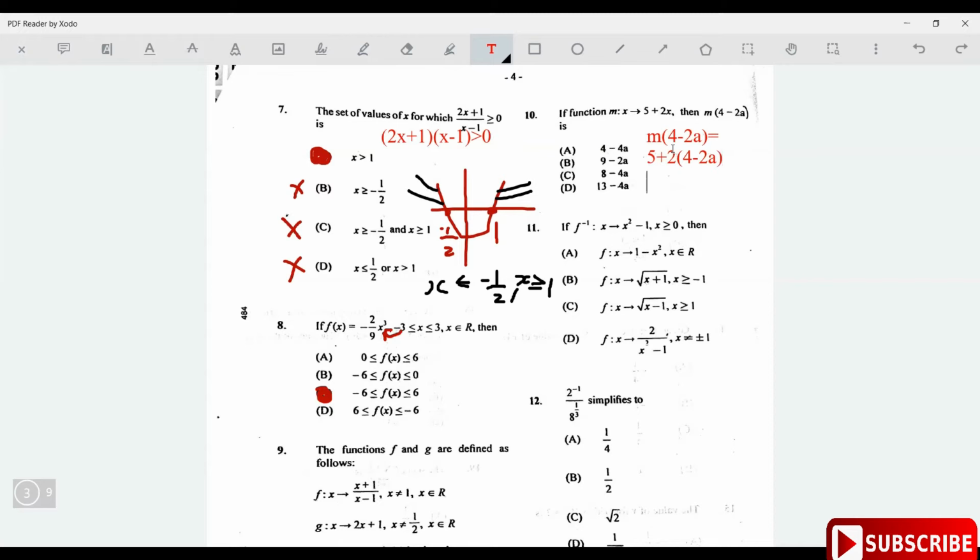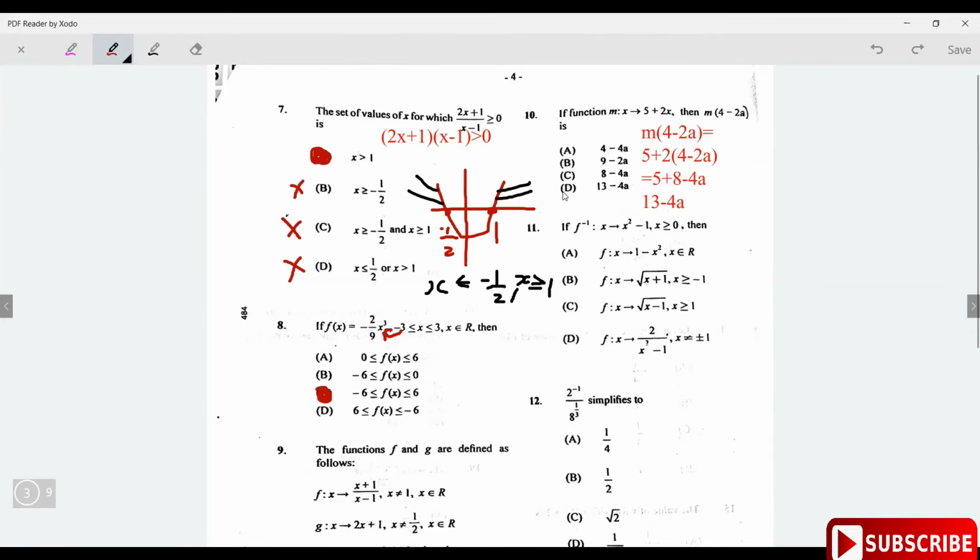This works out to be 5 plus 2 times 4 is 8 minus 4a. And so what we get is 13 minus 4a. Nice. That is option D. No problem.